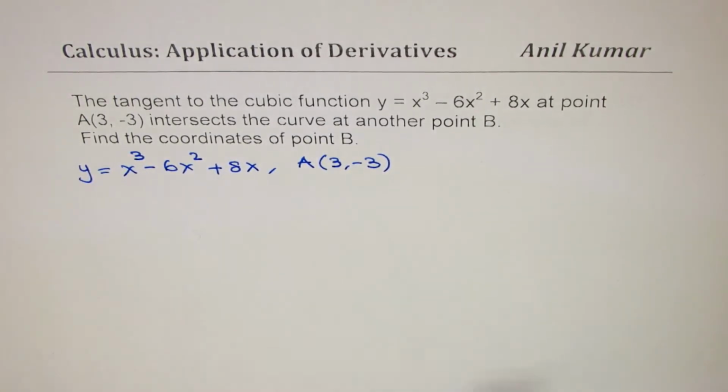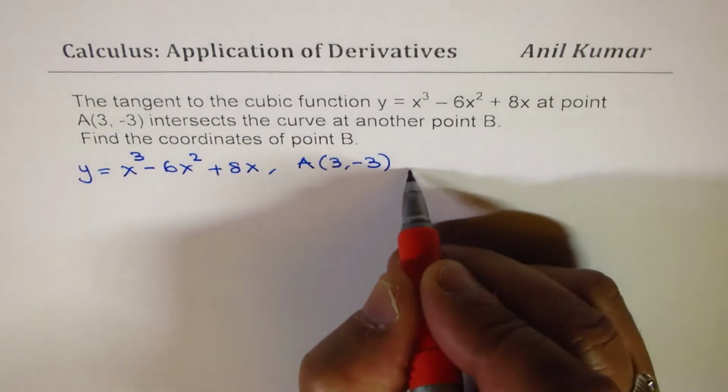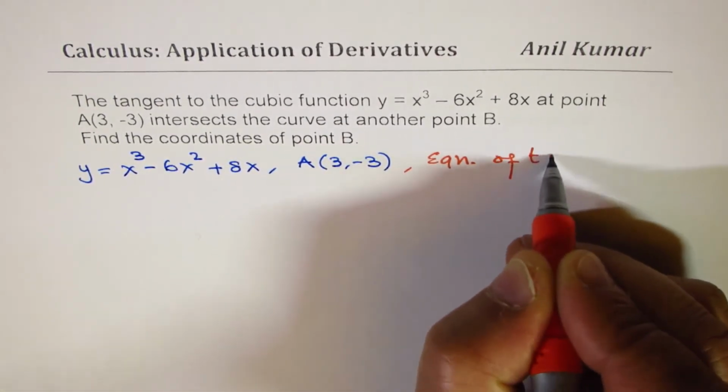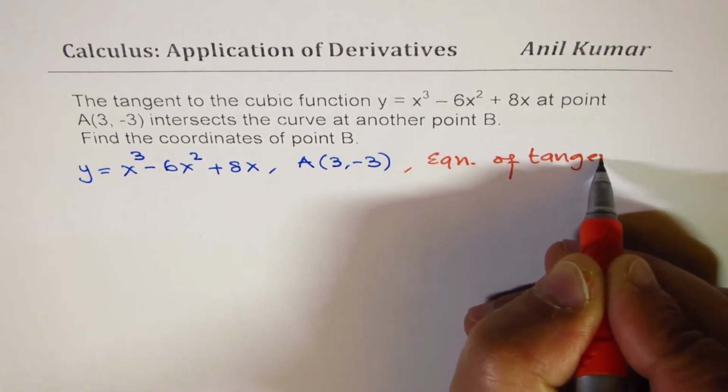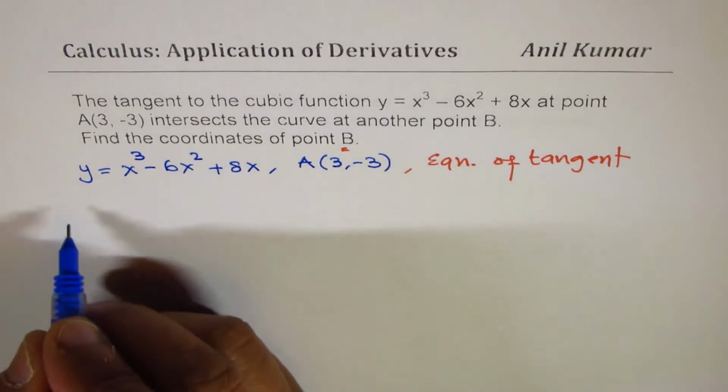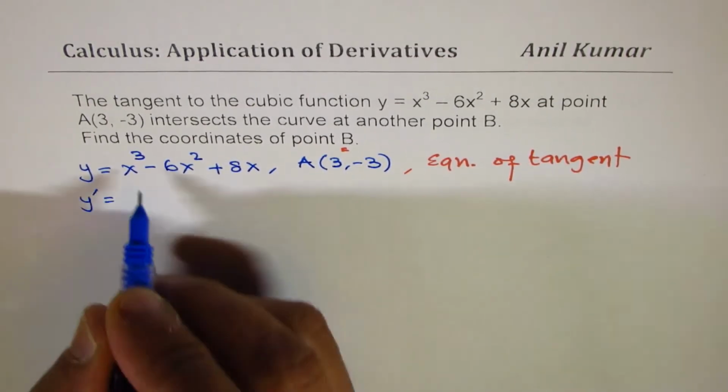That's the first part. So that means we have to find equation of tangent, and then we'll find point of intersection. Is it okay?